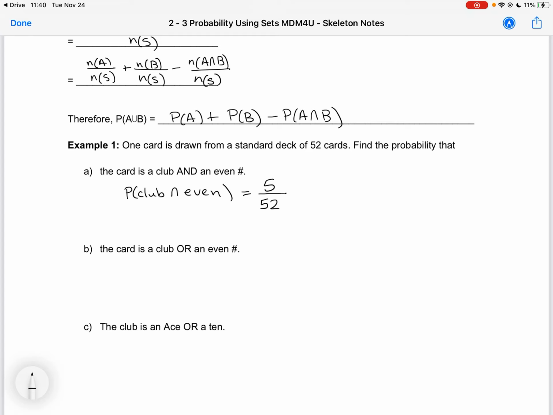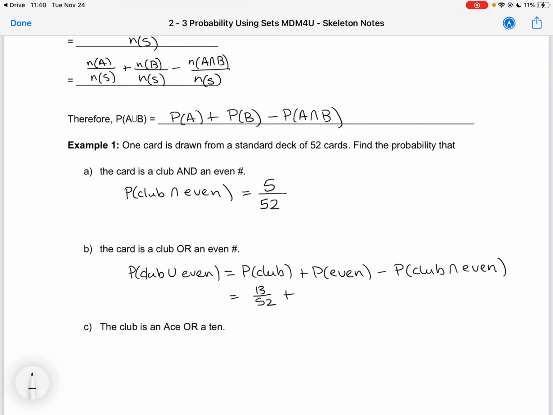So now if we extend that to finding if the card is a club or an even number, so we've got club or even. Now we can use our statement that we derived above. So we would have the probability that the card is a club plus the probability that it's even minus the probability that it is a club and that it's even, which we found in part A. So the probability that it's a club would be 13 out of 52.